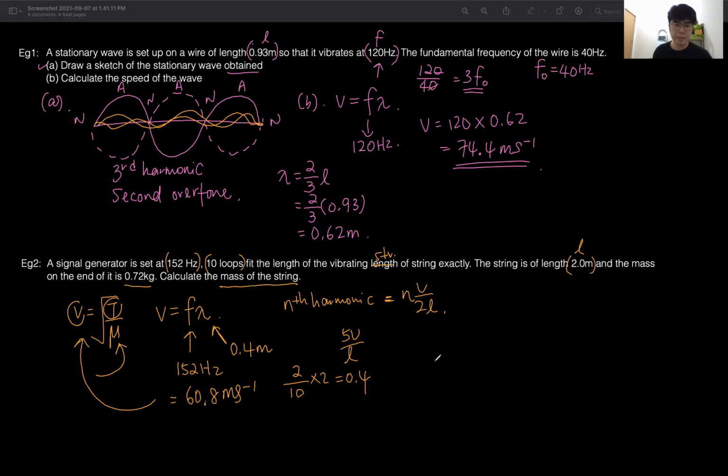Then we get 60.8 squared equals tension, which is 0.72 times, I use 9.81, divided by the mu. The mu is 1.9 times 10 to the power of negative 3.